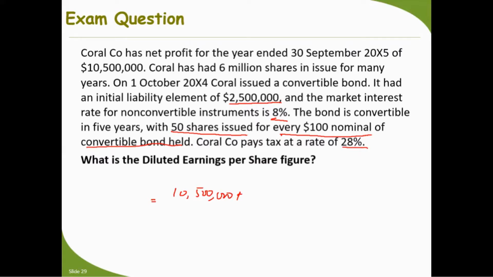But now you are supposed to pay tax. Your tax rate is 28%. So your remaining figure is 72%, times 0.72, which is equal to 144,000.